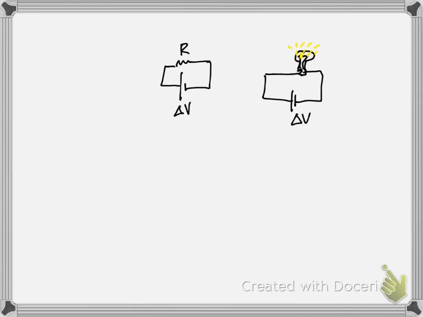What about light bulbs? We often, in place of a resistor, and we've even done this in lab, use a light bulb. So instead, we might just have a light bulb. That is a terrible drawing of a light bulb, but sometimes we use light bulbs instead. And light bulbs act like resistors.